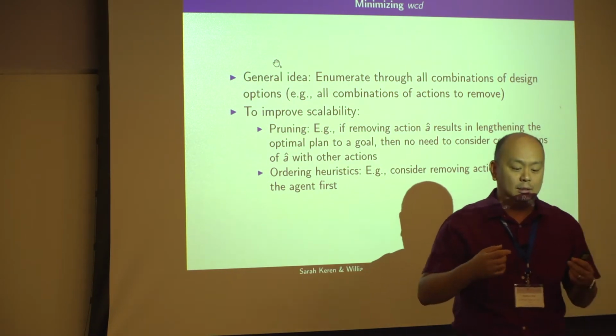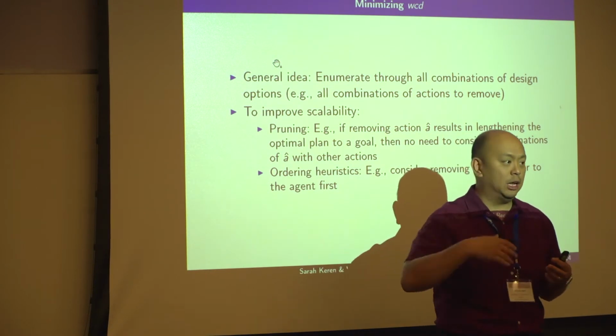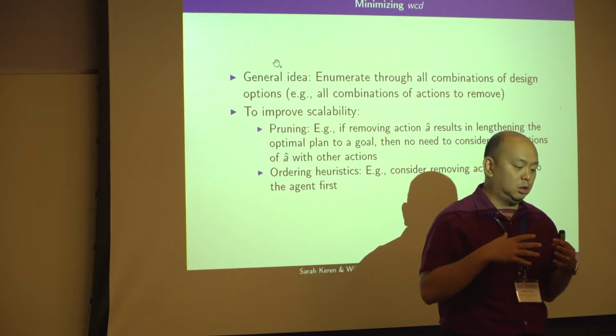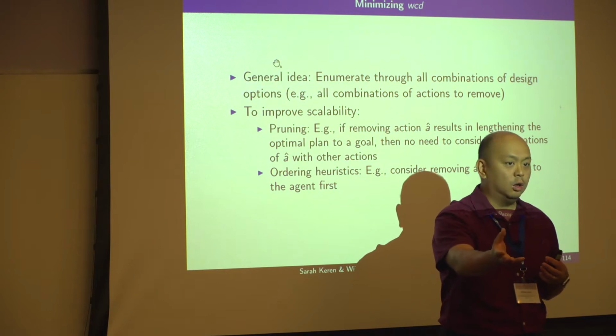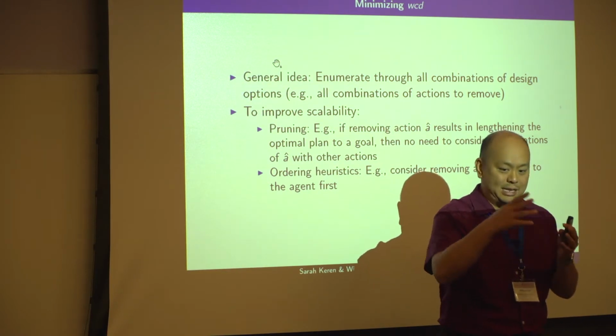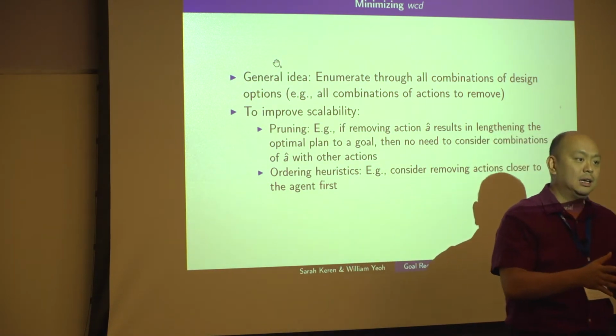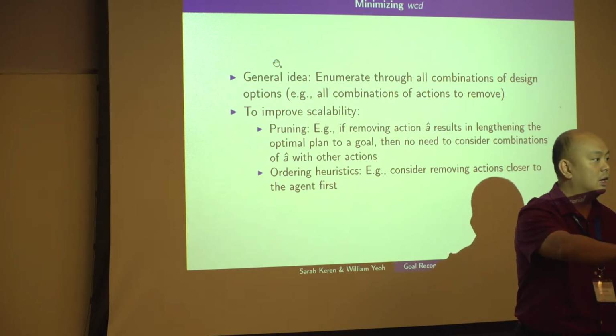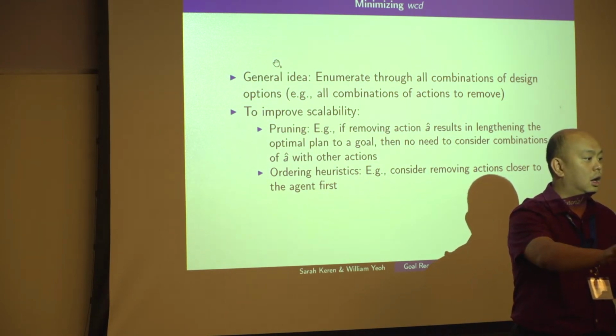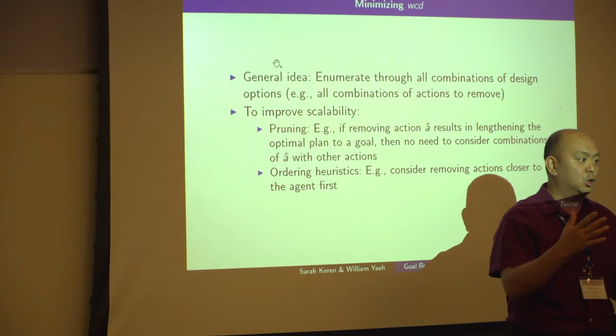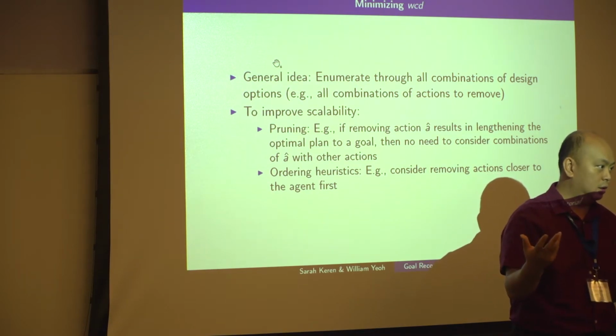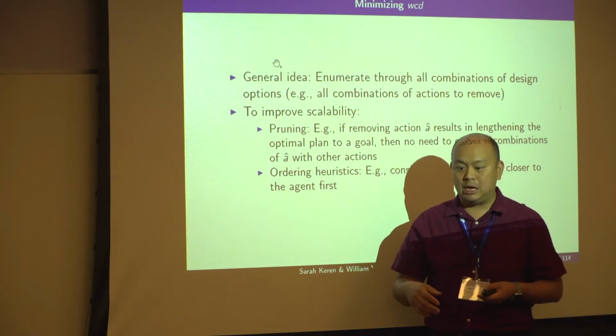So if the optimal path length in the deterministic setting to get to a goal, or the optimal cost of the policy to get to a particular goal in the stochastic setting, is 10, after the design it cannot be larger than 10. And ideally, you don't want it to be lower than 10 either. And that was how it started.